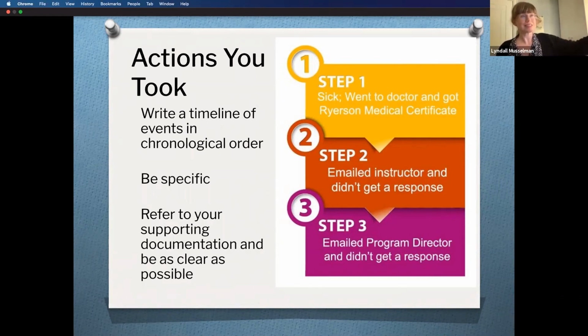However, this example goes over the old model that was in place before the pandemic, where students would have to provide some documentation of their illness or their medical or health concern.